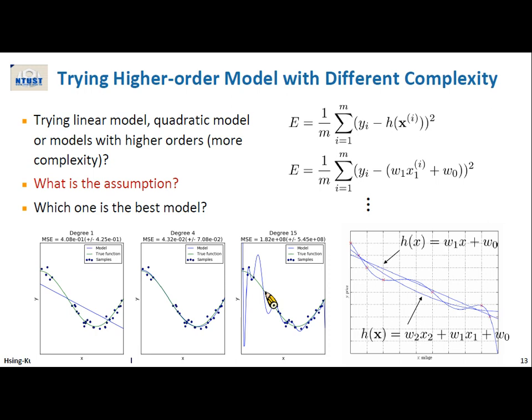So I just mentioned that if we don't have noise, usually we don't need to worry about the overfitting problem, because whatever data we have, even just one data point out of 1 million, we still think that the data is very important by all means.